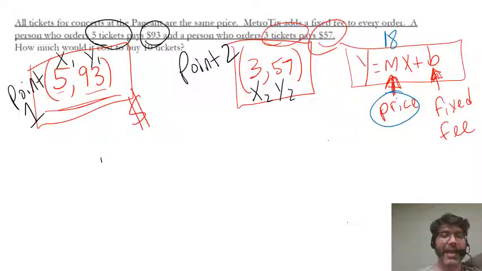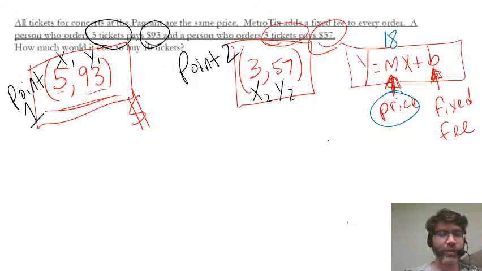So if I didn't buy any tickets, then let's say I went onto the website. Even before I buy any tickets, I know I'm going to have to pay a fixed fee because Metro Tickets needs to earn money, and the way that they earn money is by charging a service fee. So no matter how many tickets I buy, they're going to charge me the standard service fee.